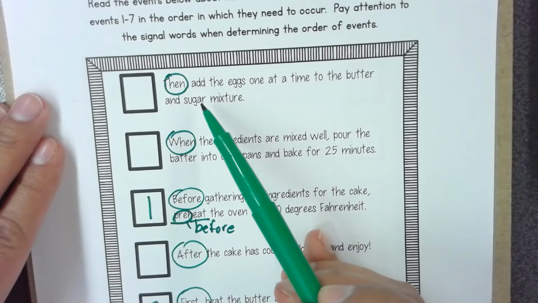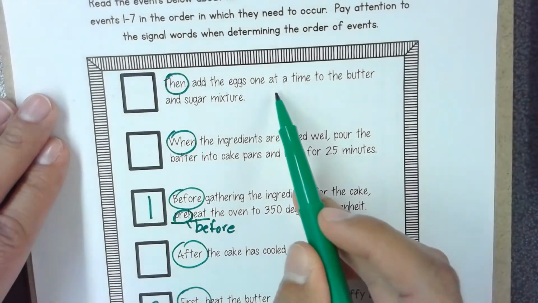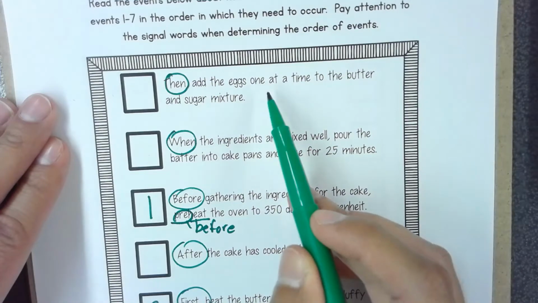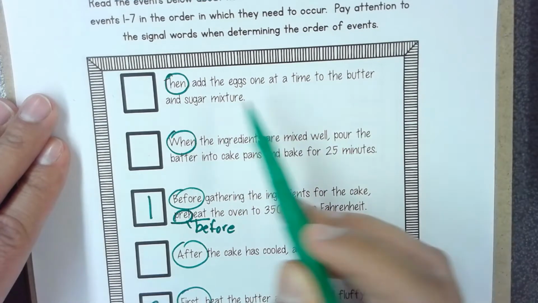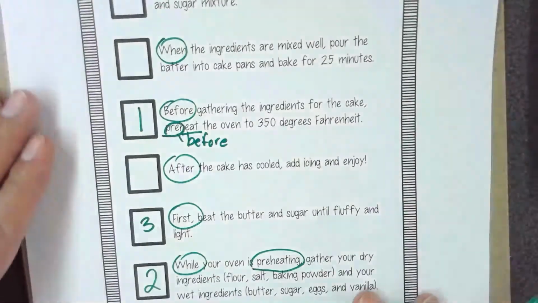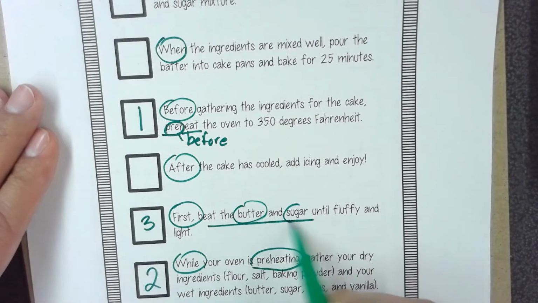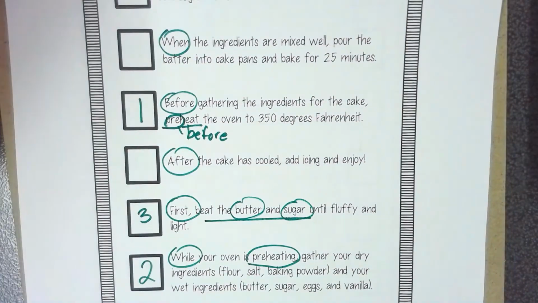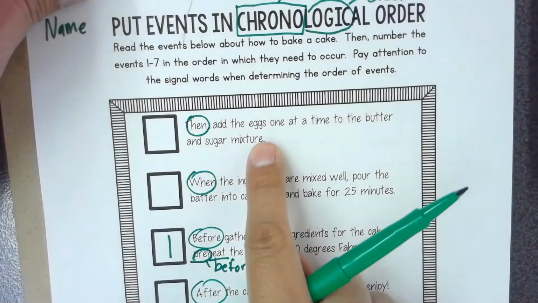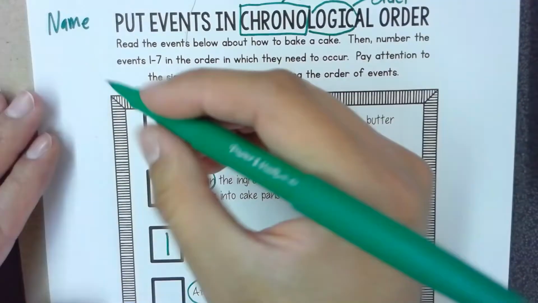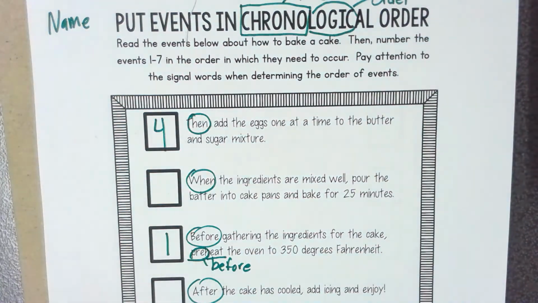I need to add my eggs one at a time to the butter and sugar mixture, because we just talked about how we have to beat the butter and sugar. So now, after they're fluffy and light, I need to add the eggs one at a time to that mixture of butter and sugar.